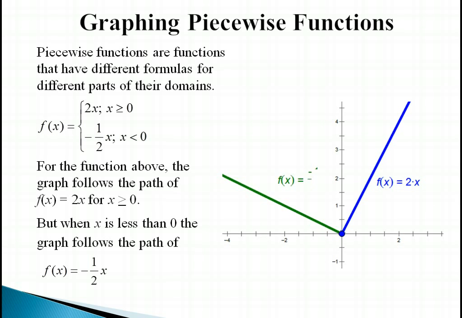Now, it would be an open circle there, but since we already have the point 0, 0 on the other side of the graph, we don't want to get rid of it. All right, so it's still going to be a point there. It's just a point that's caused by the first part of the graph rather than the second part. So we have our piecewise graph drawn.